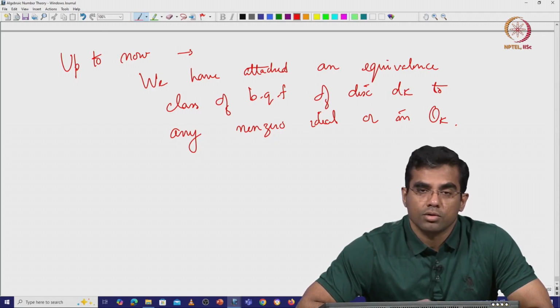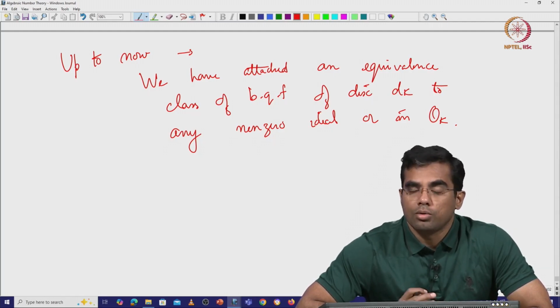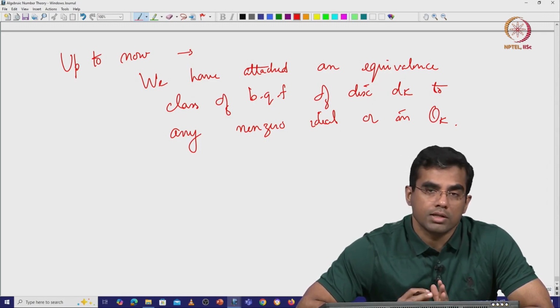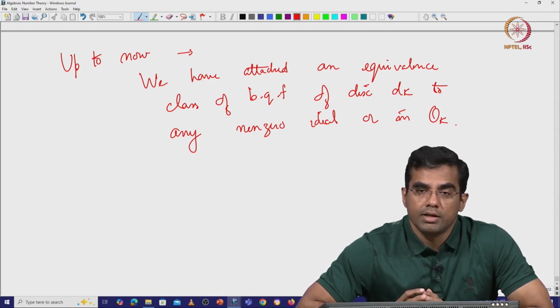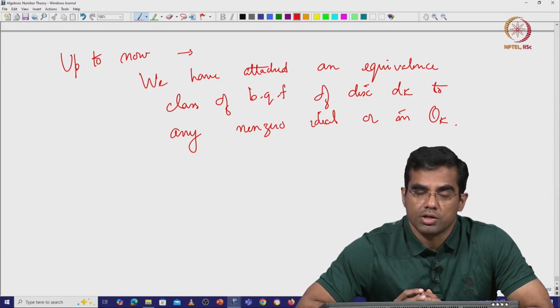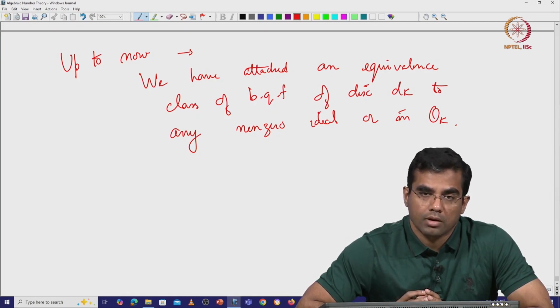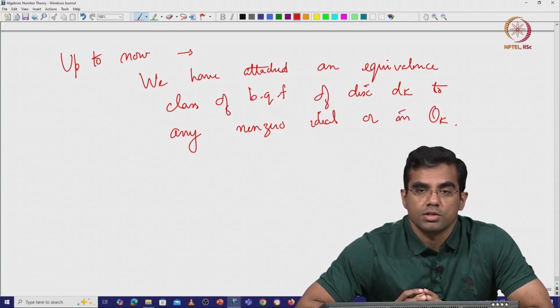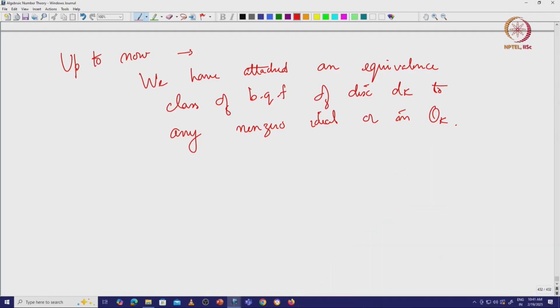That is what we are going to show, which means we would have shown how to attach an equivalence class of binary quadratic forms to an ideal class, and then we will show that this attachment is actually a bijection. So we get a 1-to-1 map from the class group of K to binary quadratic forms. This is what we said in the beginning we would do.